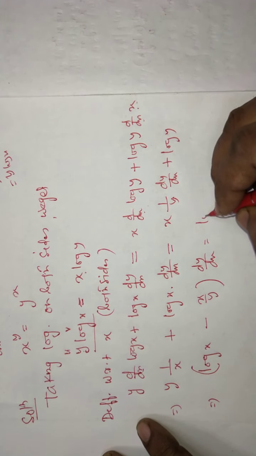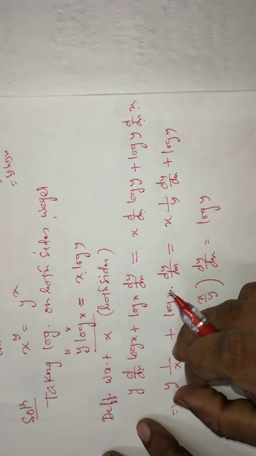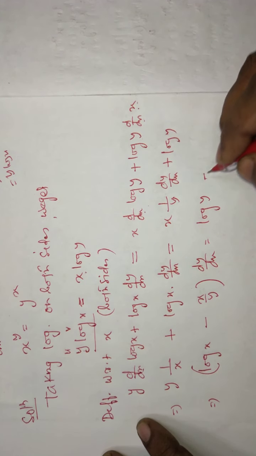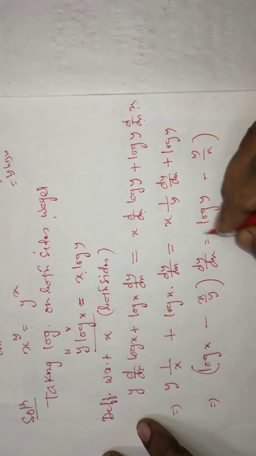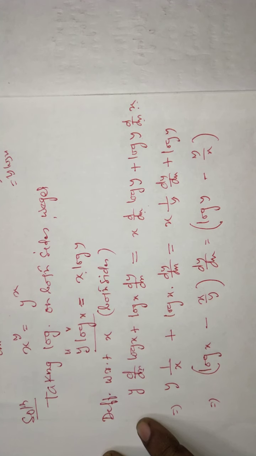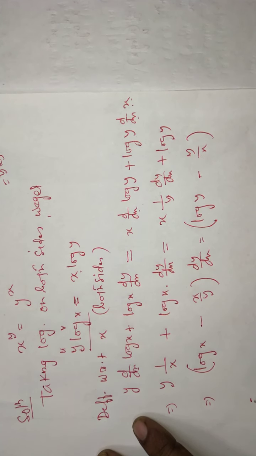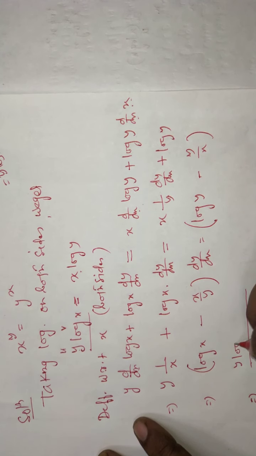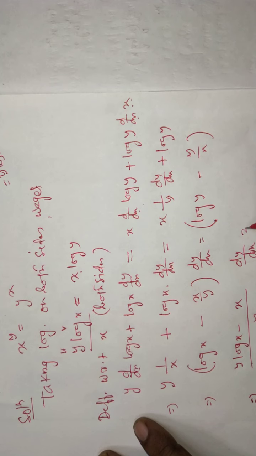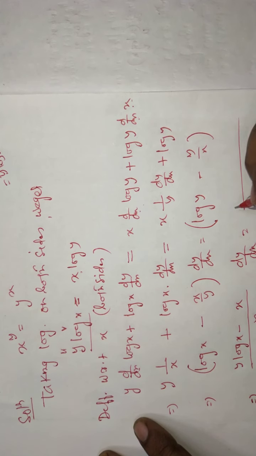This is log y, and that term we take here, it becomes y by x. Okay, if you take LCM, then it will be y log x minus x into dy by dx, and here you take LCM, it will be x log y minus y.